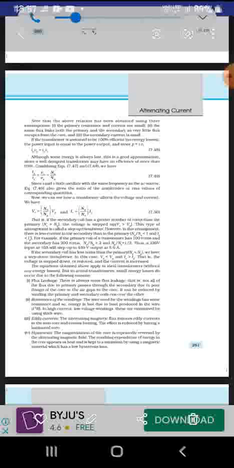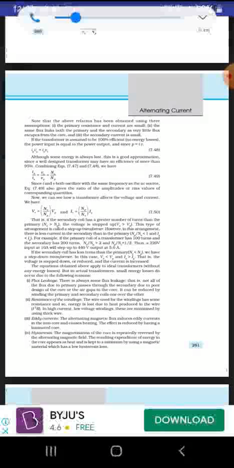Now we can write the transformer effect on voltage and current. Therefore Vs is equal to (Ns by Np) Vp, and Is is equal to (Np by Ns) Ip.